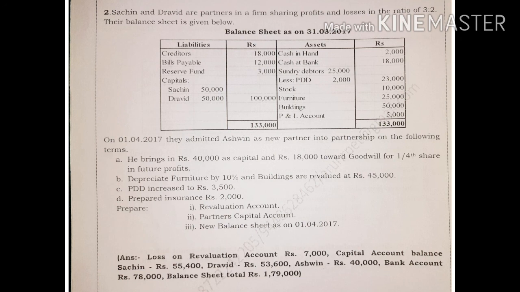Next, PDD increased to rupees 3,500. See this term, "increased to." Normally you will have many types of questions: PDD increased by, or PDD increased to. That's why you have to read this information carefully. PDD increased to rupees 3,500. Earlier how much did we have? PDD 2,000.